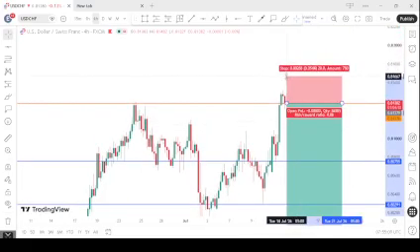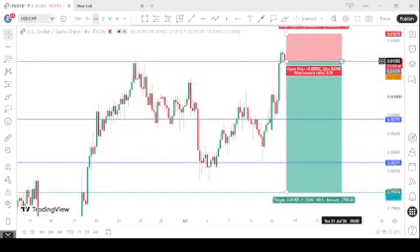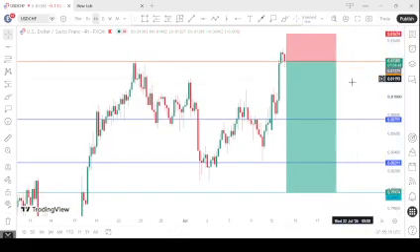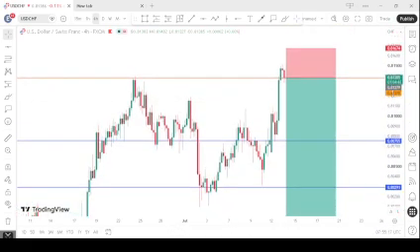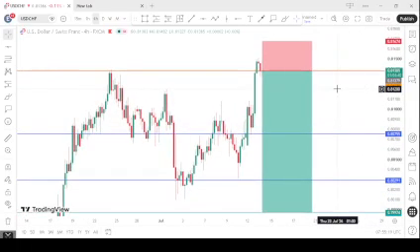My stop loss is 30 pips. I don't want it to be above 30 pips, so we get a good risk to reward. Yeah, my stop loss has been set. So that's that on USD CHF.